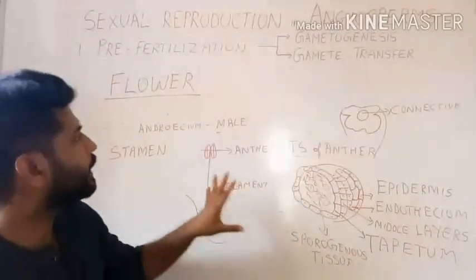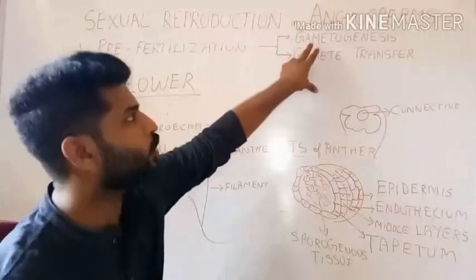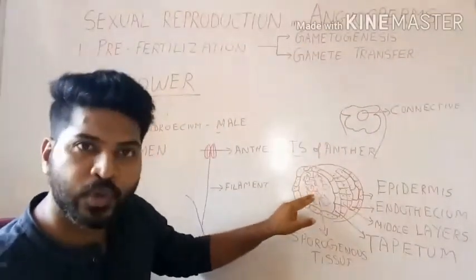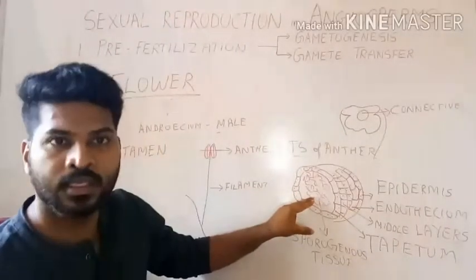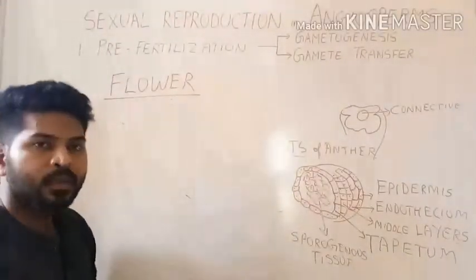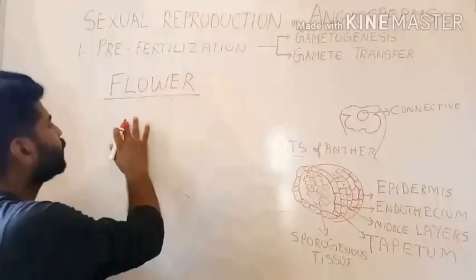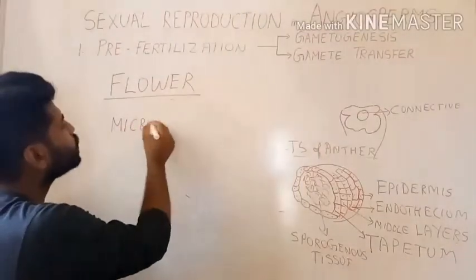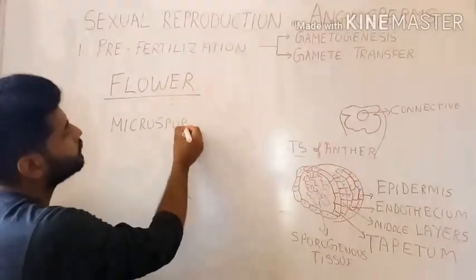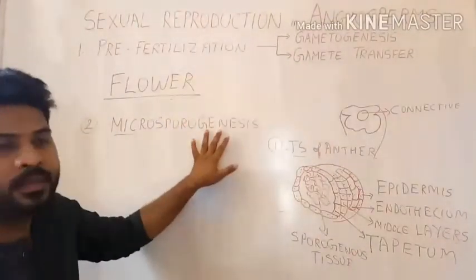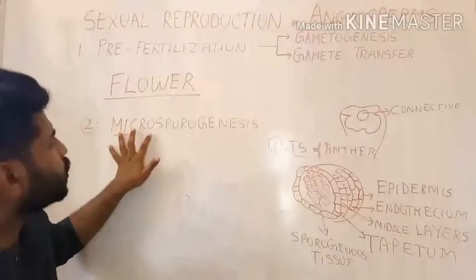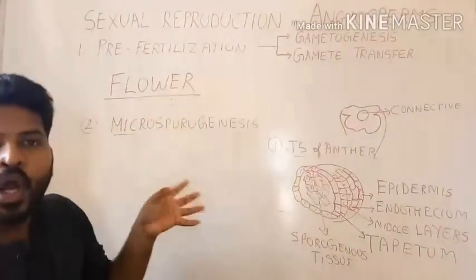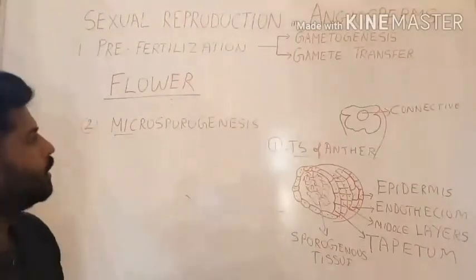Let us now discuss gametogenesis, that is, how spores are produced by the sporogenous tissue. In the male reproductive part, the production of microspores is called microsporogenesis. Genesis means production. Production of what? Production of microspores, which are nothing but the pollen grains.